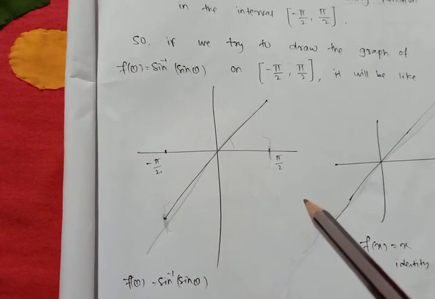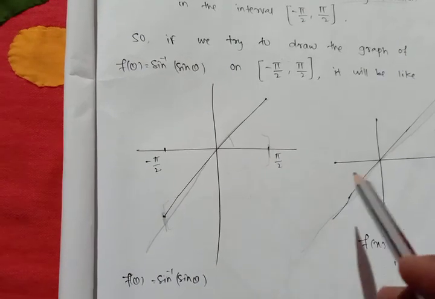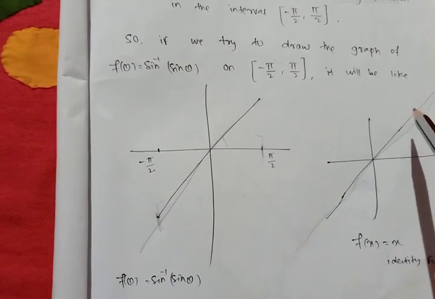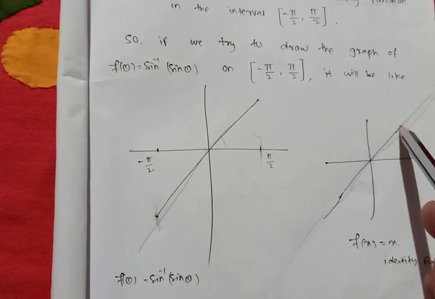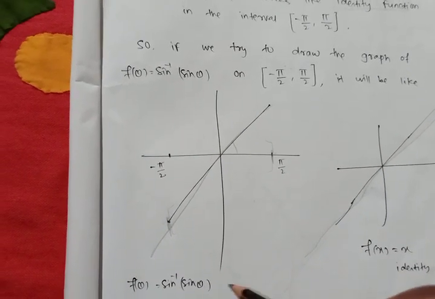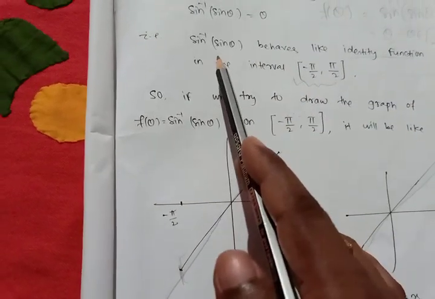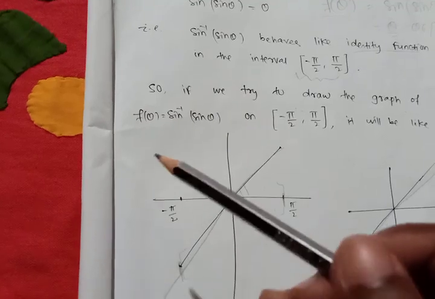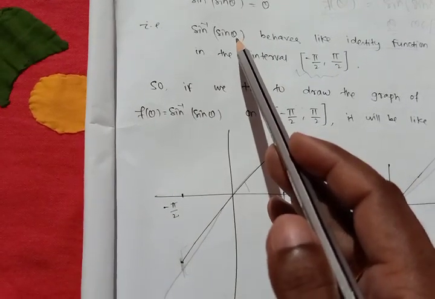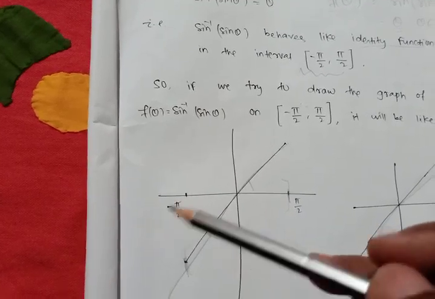The only difference is that it is restricted to the interval minus pi by 2 to pi by 2, but here there is no restriction; we can draw it like this over the real line. That's why if theta belongs to this interval, sine inverse sine can be cancelled out. Now the question is, what happens if theta does not belong to the interval minus pi by 2 to pi by 2? We will discuss it today.